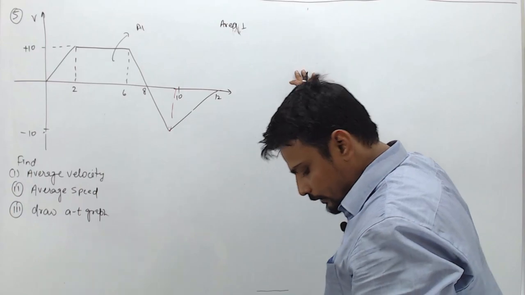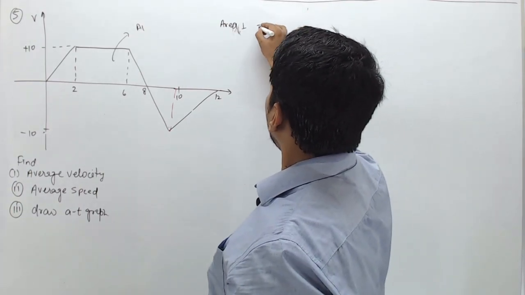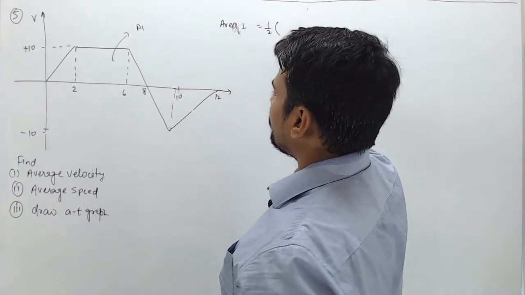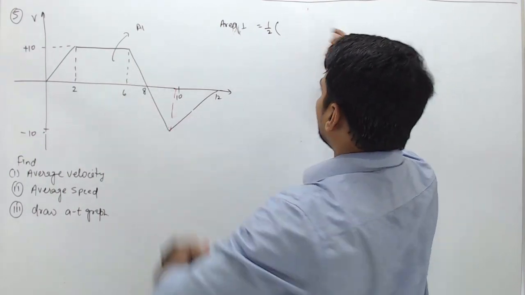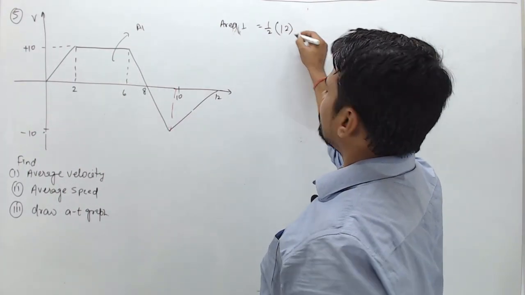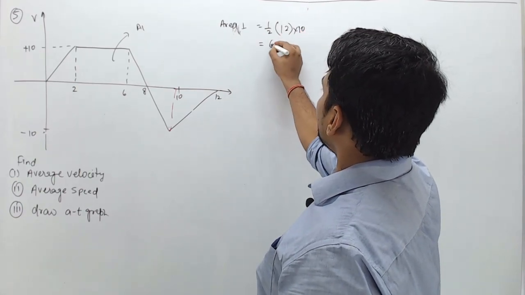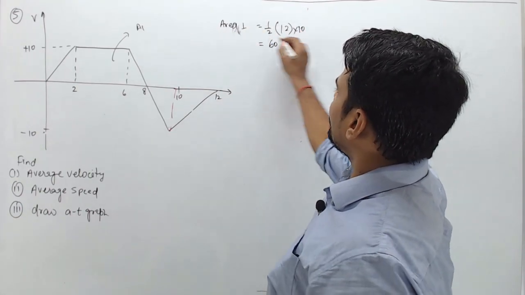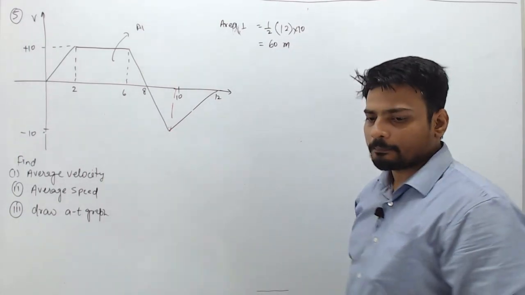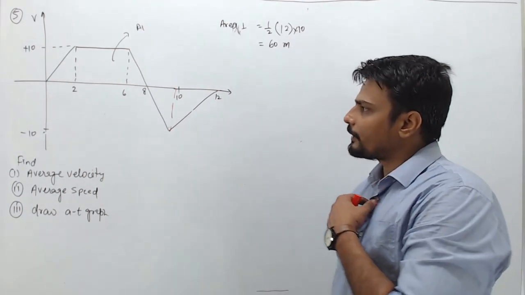Area 1 should be half into the sum of the parallel sides, which is 8 plus 4, which is 12, times the height, which is 10. So 60 is the area of the positive side, so the positive displacement is 60 meters.